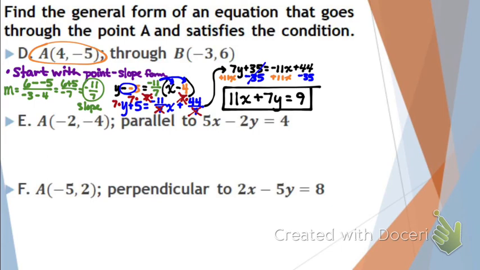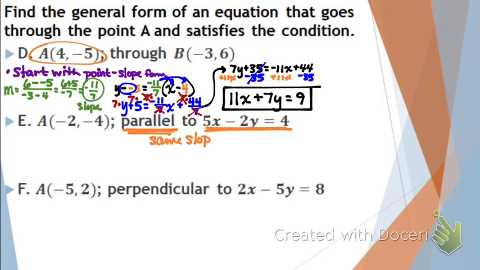For part E, what information did they give me to work with? It's parallel. It is parallel to this line. How does that help me? Same slope.